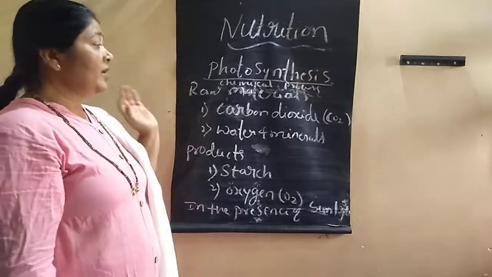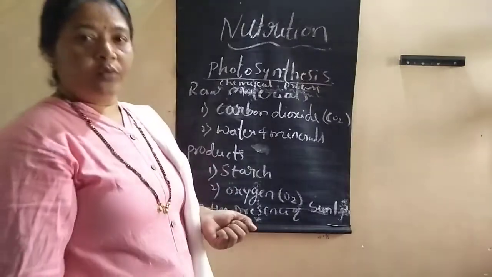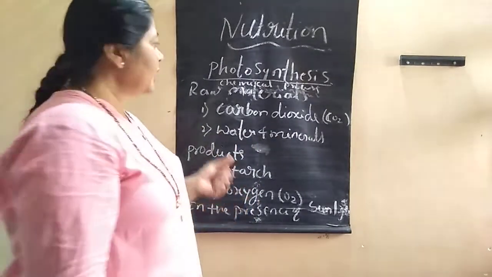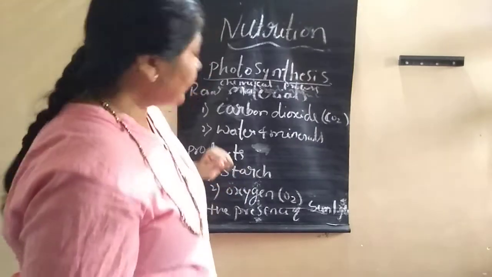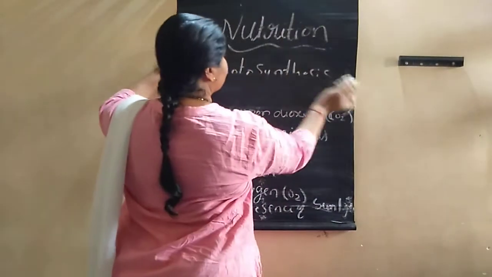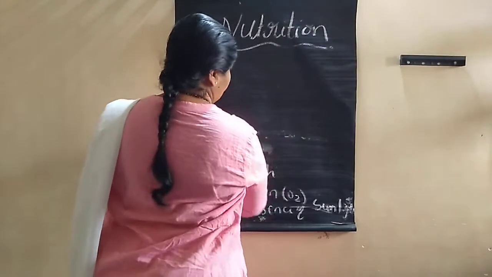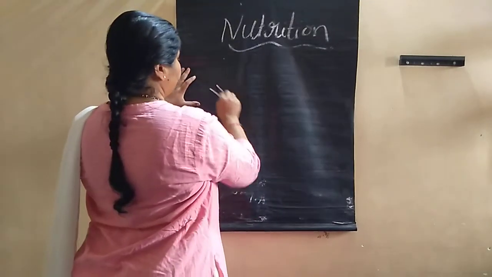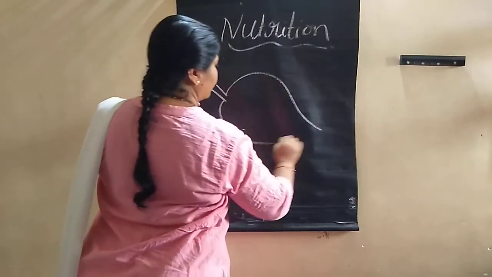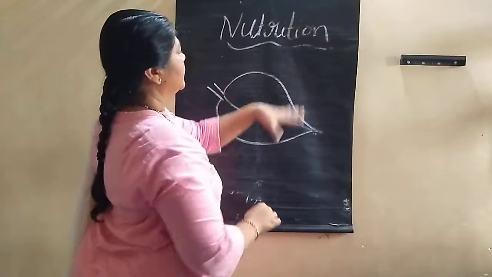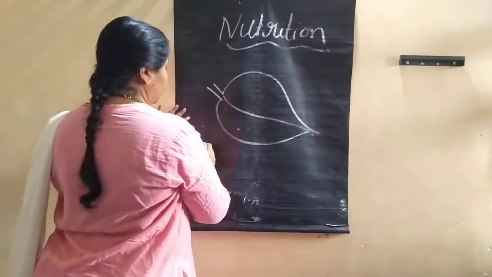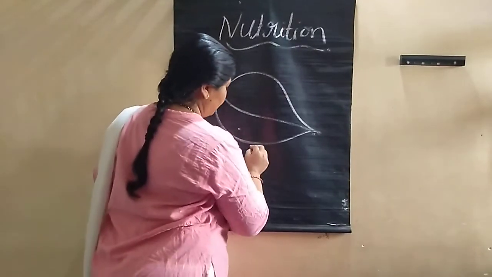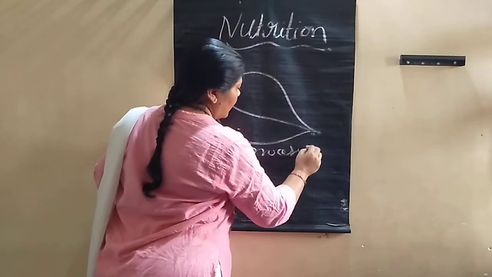Okay. Today's activity that I am giving, what you have to do, is take the picture of photosynthesis where it takes place in the leaf. Okay, and label the parts, and define the process of photosynthesis in detail.